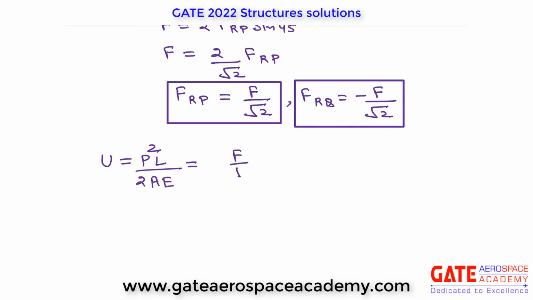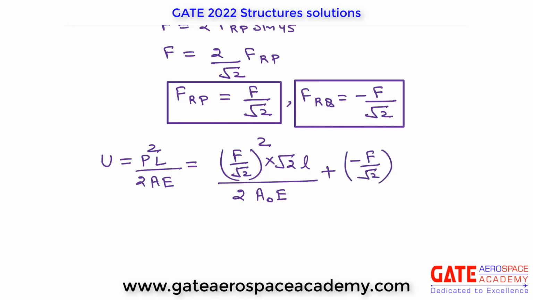So F by root 2 square, length is under root 2 L upon 2, cross sectional area is A naught E, plus for RQ member, minus F by root 2 square into length, that is under root 2 small l upon 2 A naught E, right?